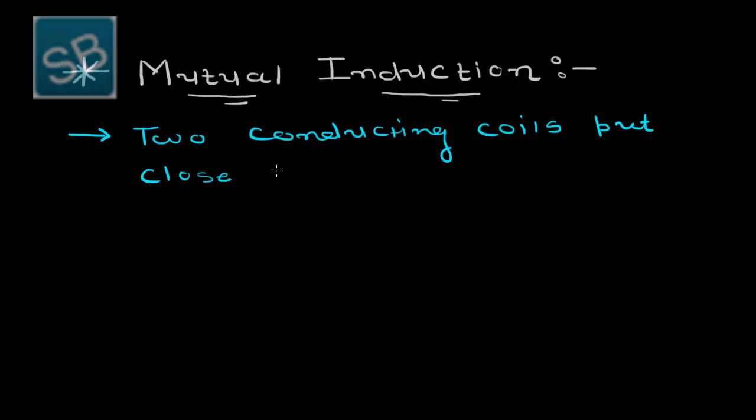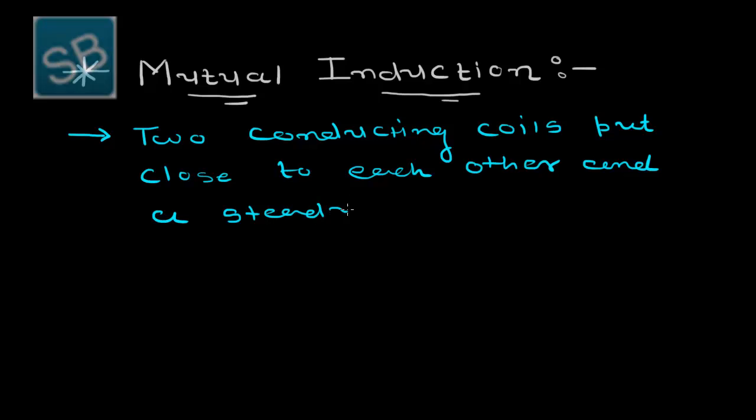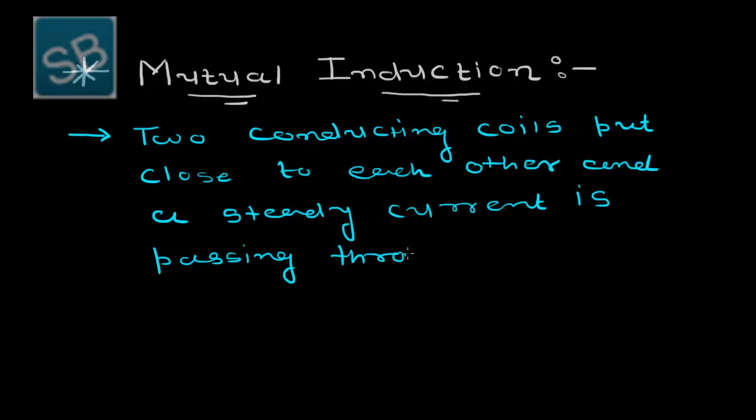close to each other. And when a steady current is passing through one coil, then the magnetic flux is linking with the other coil.